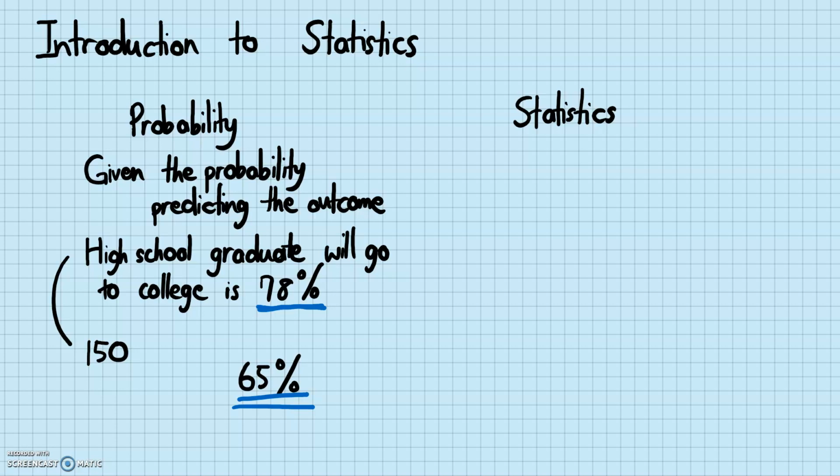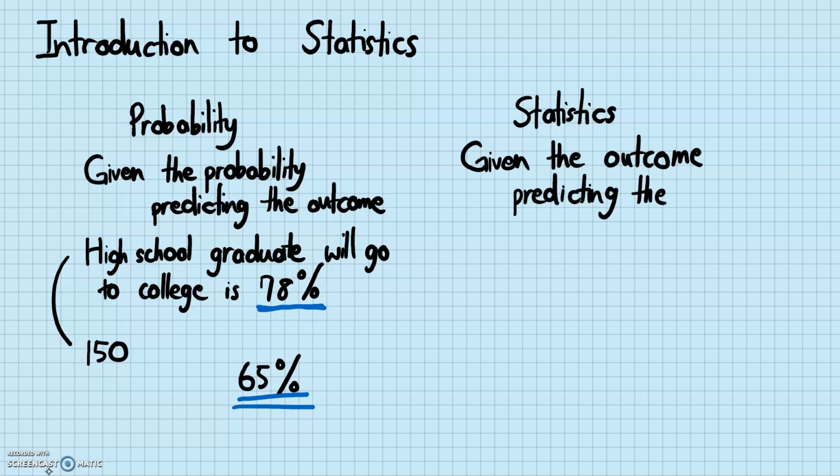So in statistics, we are given the outcome. It's the reverse of what probability does. We are given the outcome in statistics and we are predicting the probability.